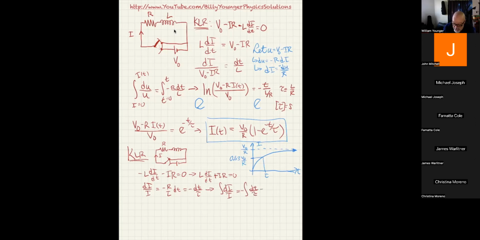And that gives me, I'm going to integrate from I0 to I of t, and from t equals 0 to t. So that's just going to give me the natural log of I of t over I0 minus negative t over tau.